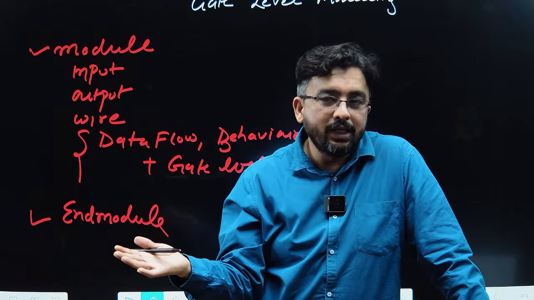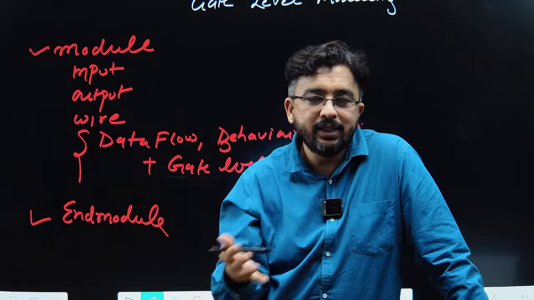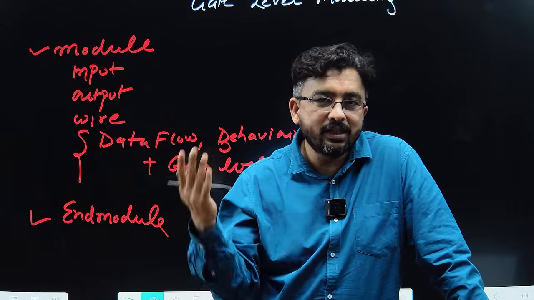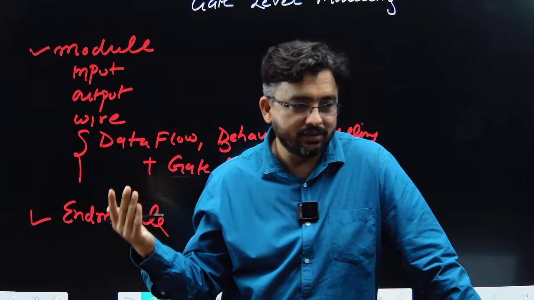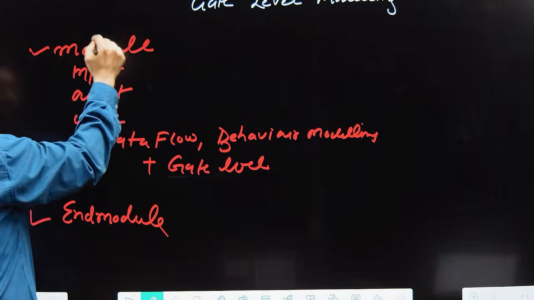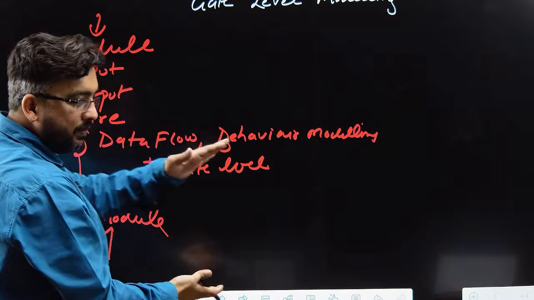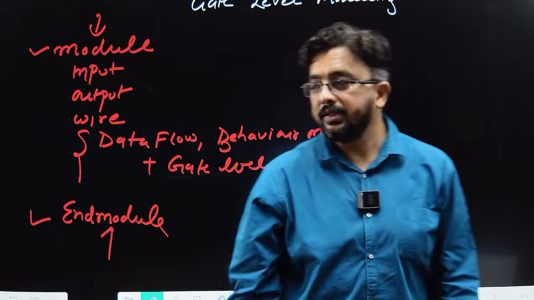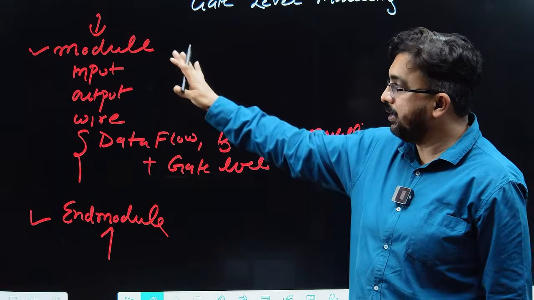In behavior modeling, you call always, initial, and then all the condition statements like if, else, case, FSM, task and function, etc. Inside this you have to write everything, and outside this you write nothing. Okay, so this is what you have to write.